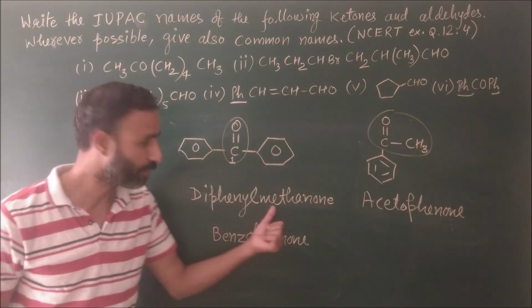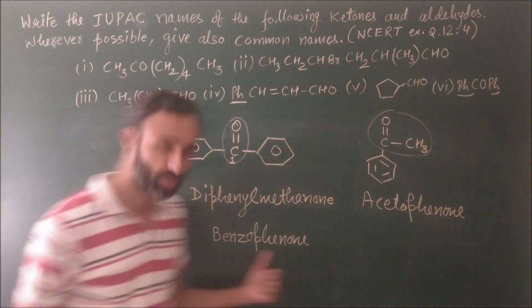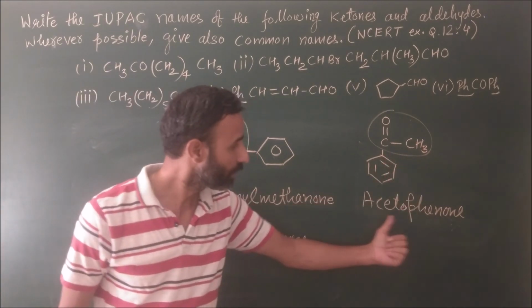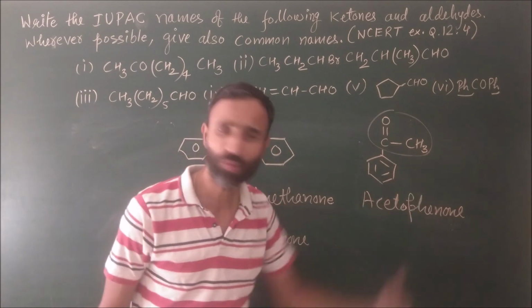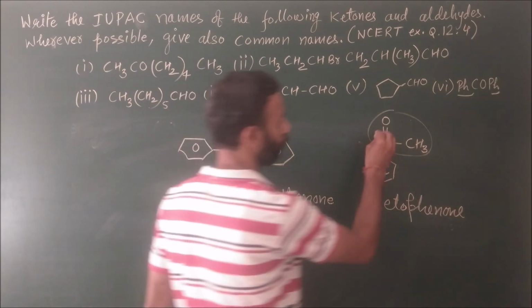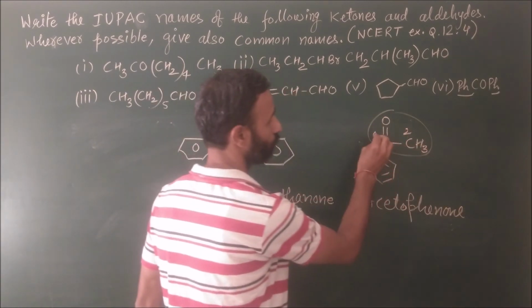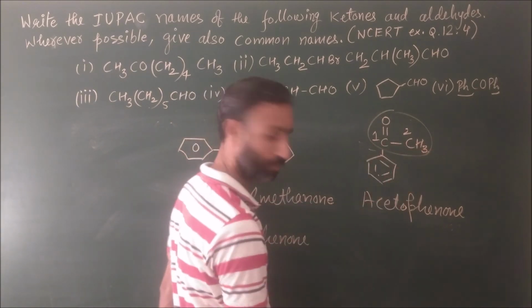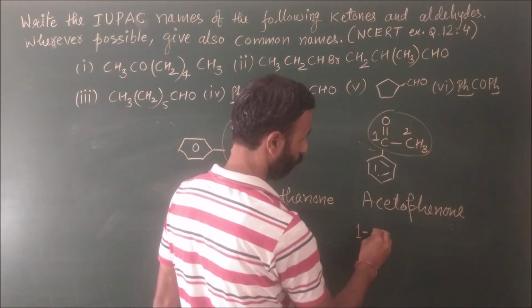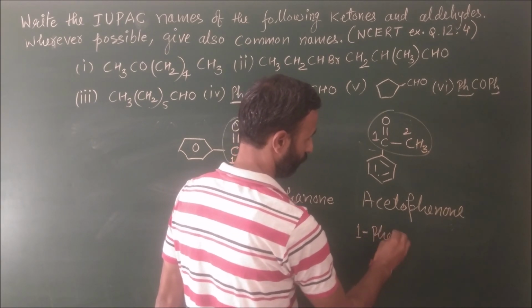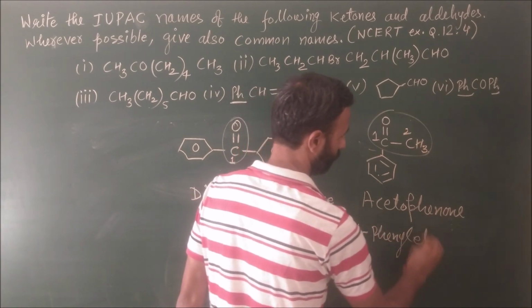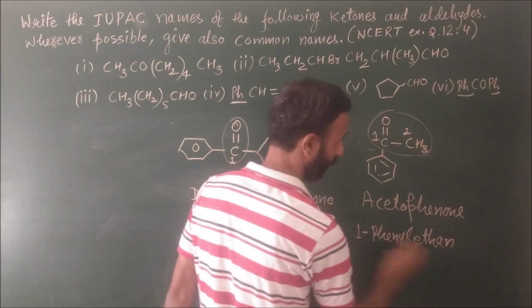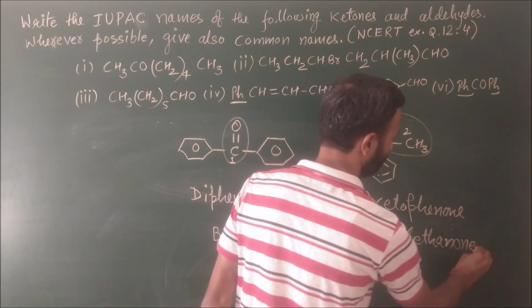This is diphenylmethanone, benzophenone, and this is acetophenone. And what is the IUPAC name? So obviously 1, 2. So it is 1-phenyl ethanone.